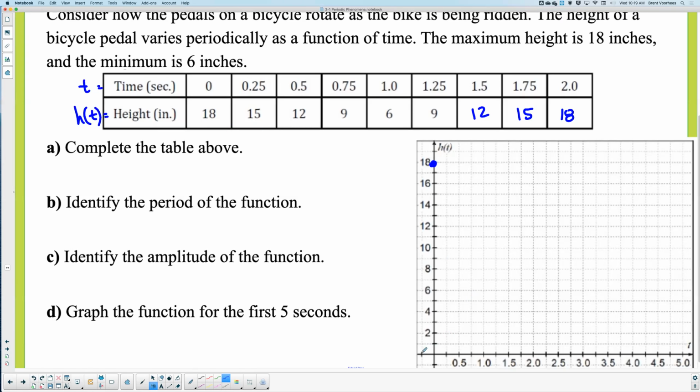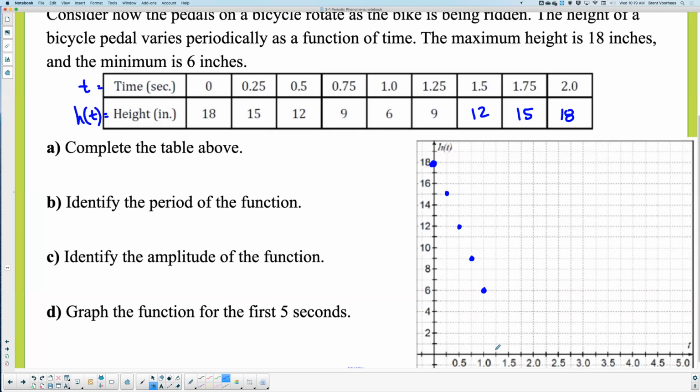Now at 0.25, we go to 15. At 0.5, we go to 12. At 0.75, we have a height of 9. And at 1 second, we have a height of 6.